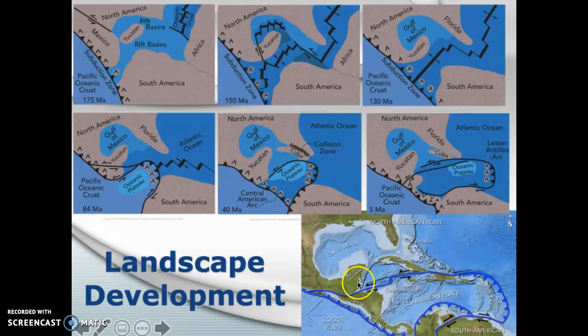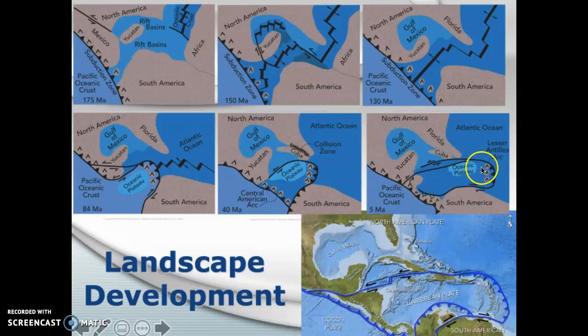There's Cuba up there. And then once that microplate pushes its way through, a new subduction zone develops on the back side and forms what we refer to as the Isthmus of Panama, which then connects North and South America. So that kind of shows you what was happening in that area and how that relates to plate tectonics.